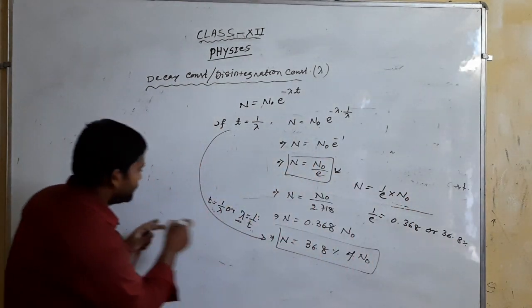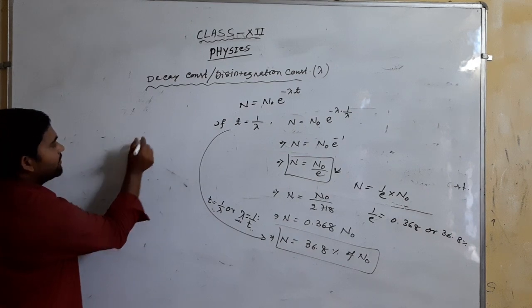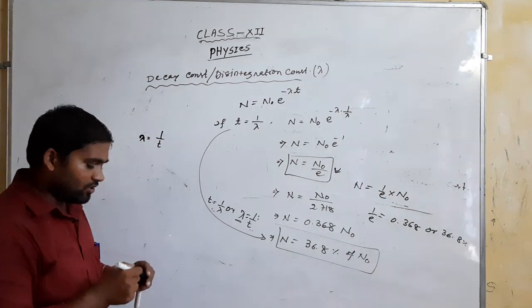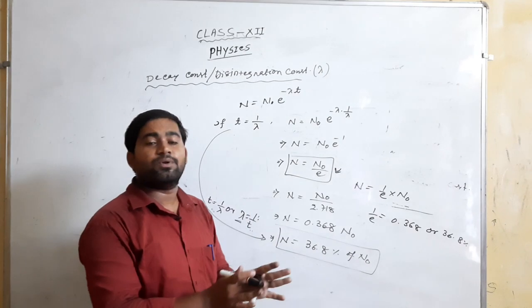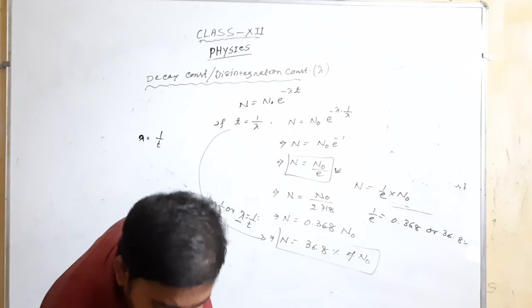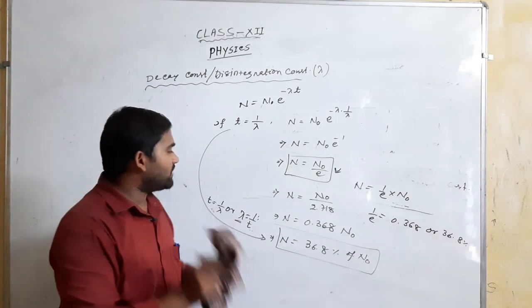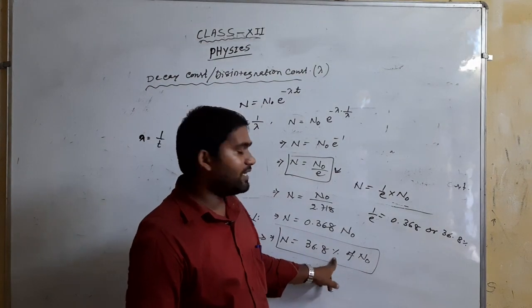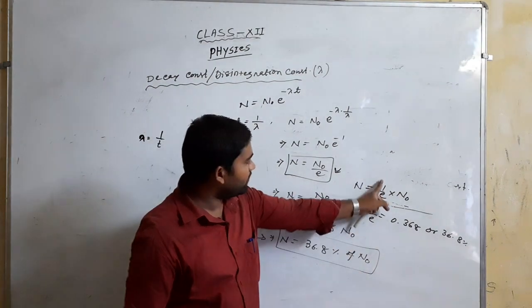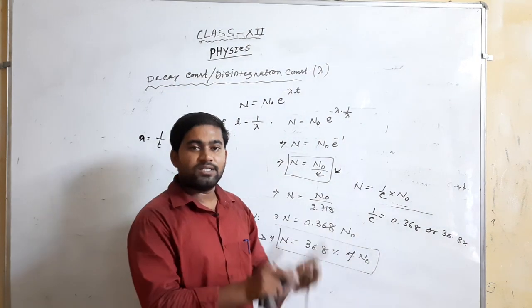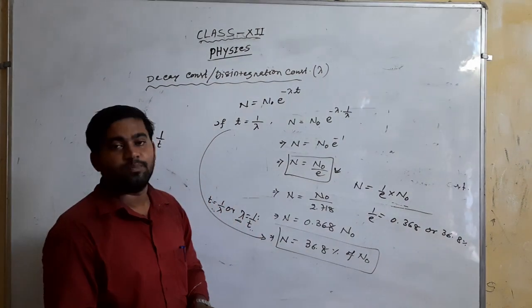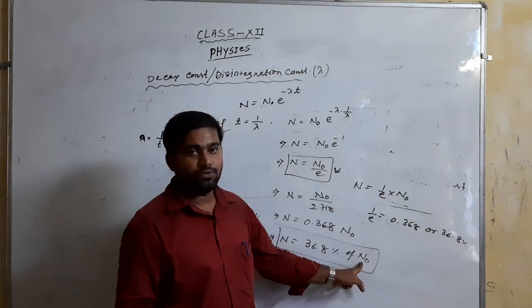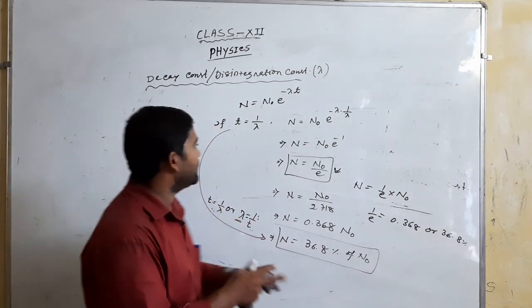So 36.8% will be obtained when we replace lambda equal to 1 by t. That means the decay constant is the reciprocal of time at which the radioactive sample reduces to 36.8%, or 1 by e times its initial value, and the initial value is N naught. So there are two different definitions.